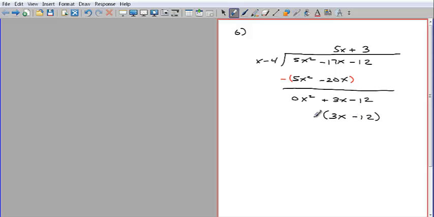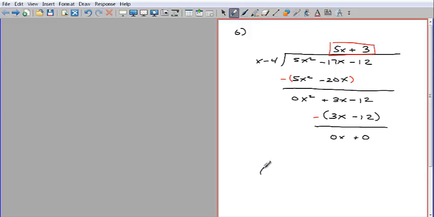So again, we're subtracting this. Both terms we're subtracting. So 3x minus 3x is 0x, and negative 12 plus 12 is 0. So there isn't a remainder, and so the answer for this problem is 5x plus 3.